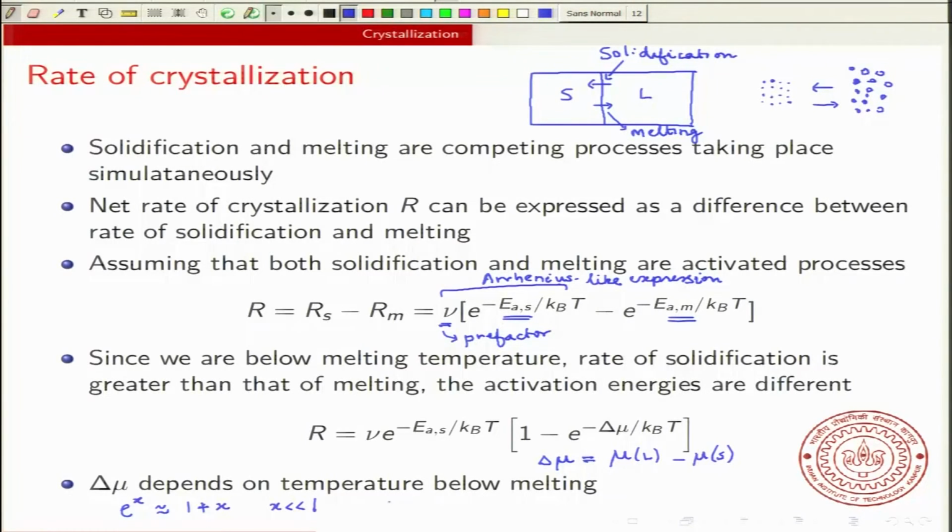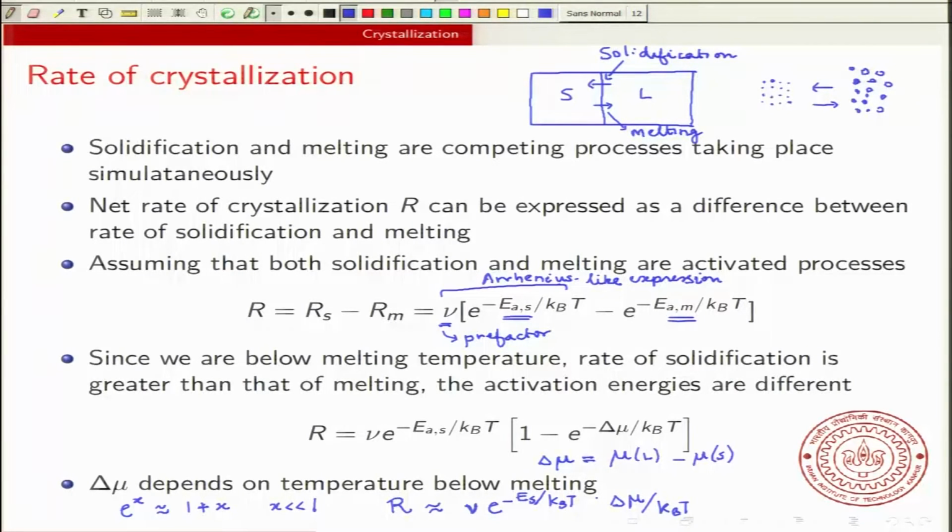So you have 1 minus e to the minus delta mu by kBT, and this whole factor will just be approximately nu e to the minus Es by kBT multiplied by delta mu by kBT. So in other words, the rate is proportional to the chemical potential difference.